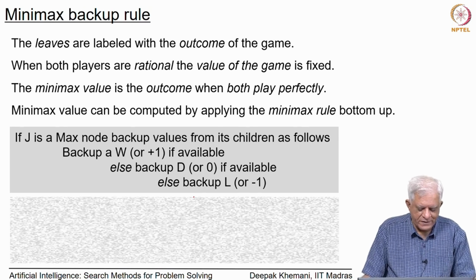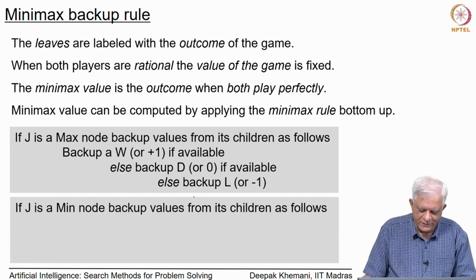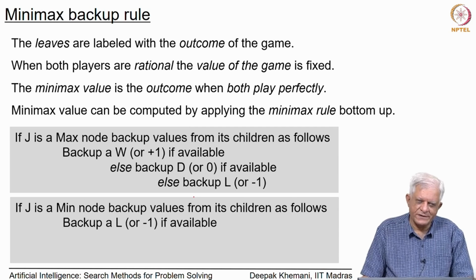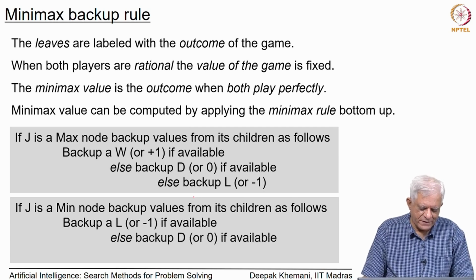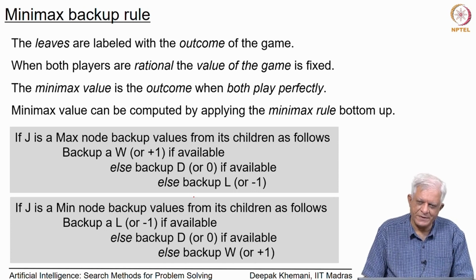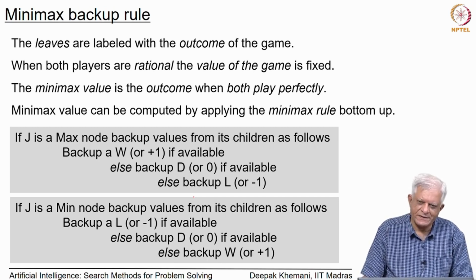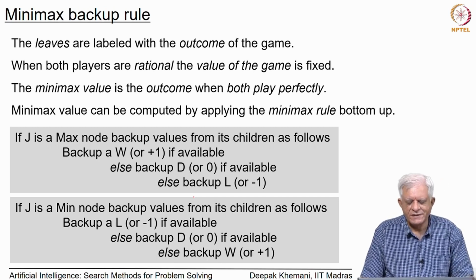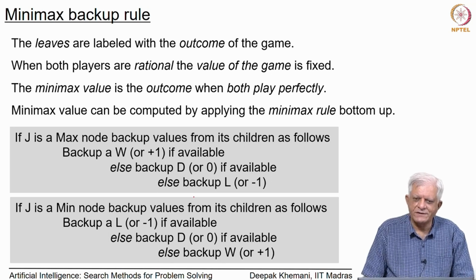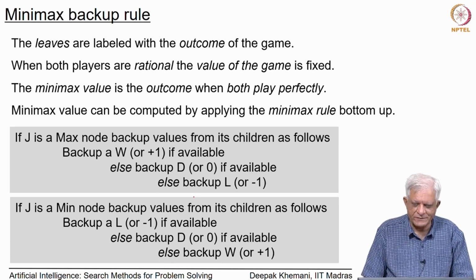Likewise, for Min, you back up in the reverse order. If J is a Min node, then from the children of J, you back up L if possible. Remember, L is a loss for Max and a win for Min, and Min is also trying to win the game. So, L also corresponds to -1, and that is why the Min player is called so, because it chooses the minimum value, which is -1 in this case.